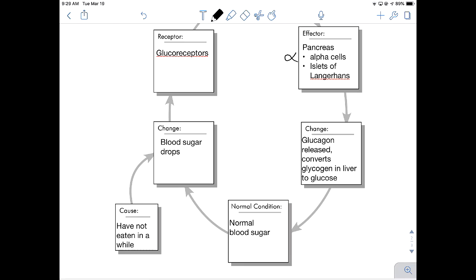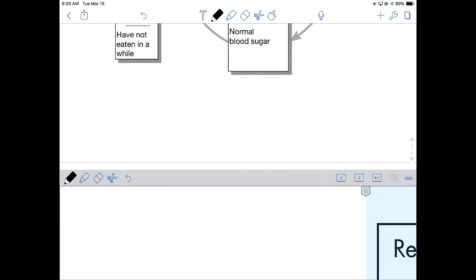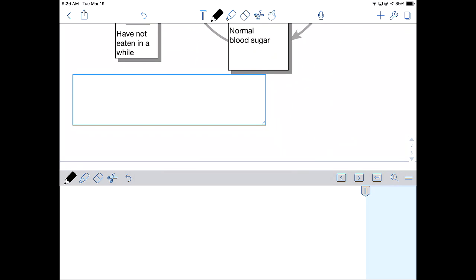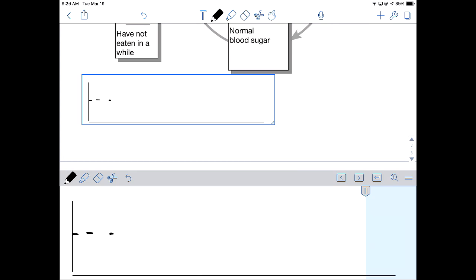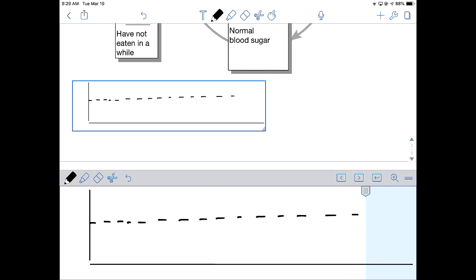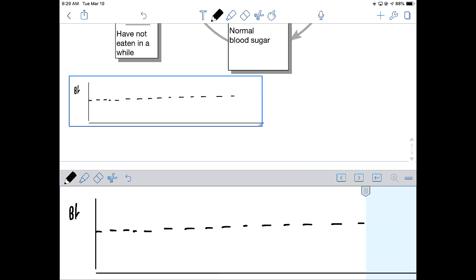So we can kind of make a little sketch of what this might look like. I'll put it down here. So over time, this is your blood sugar level, and this is time.